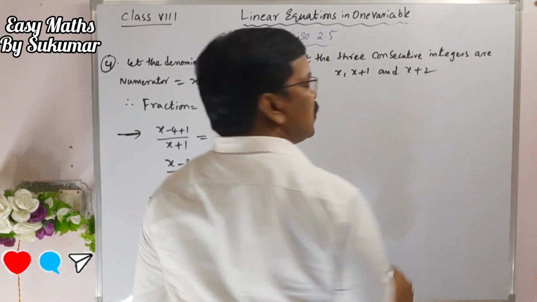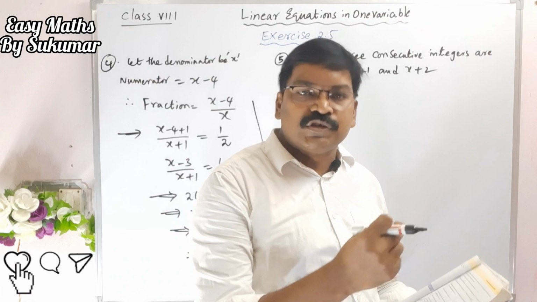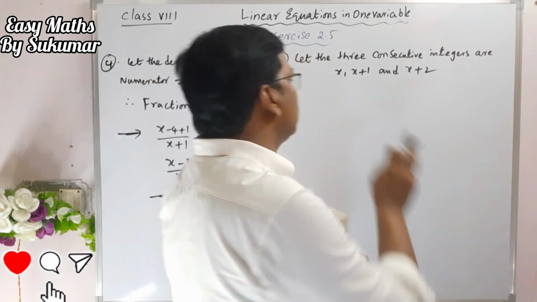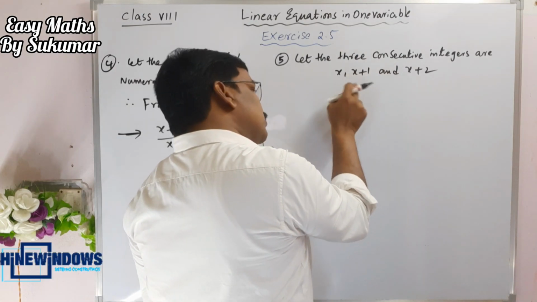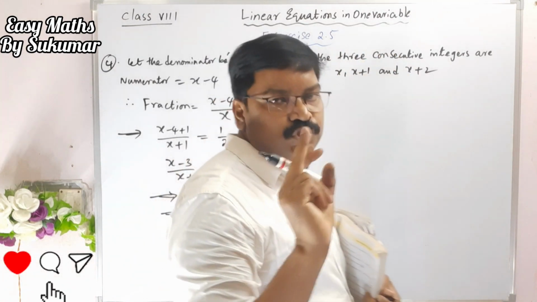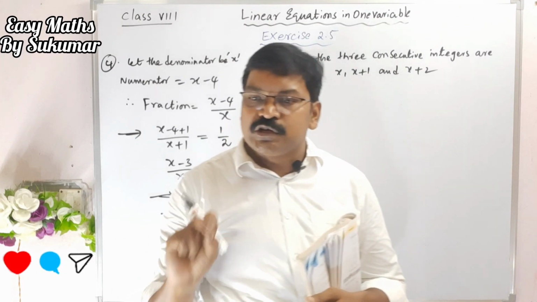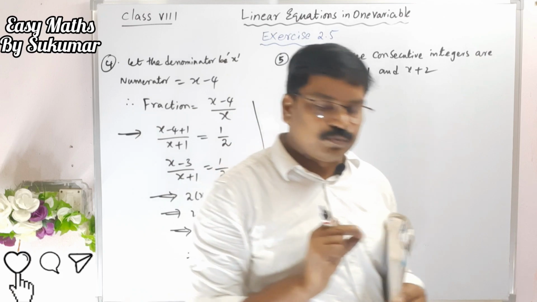See my dear students, consecutive means the difference must be 1. For consecutive integers, the difference is 1: x plus 1 minus x is 1, x plus 2 minus (x plus 1) is also 1. So the three consecutive integers are x, x plus 1 and x plus 2.